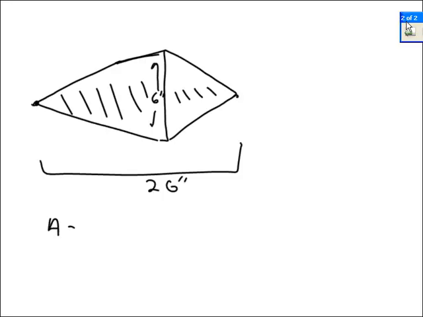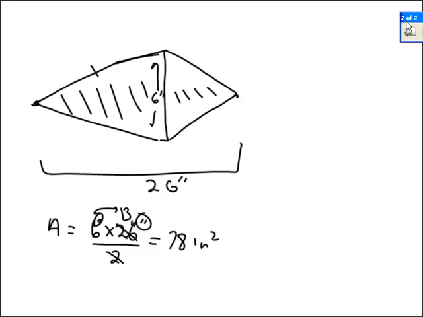So the area is one diagonal times the other diagonal divided by 2. 2 goes into 26 13 times. 6 times 13 is 78. Inch times inch is inch squared. There's 78 square inches in this kite.